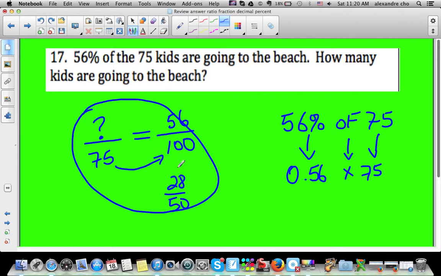Yes, you can find relationships, but sometimes it's simpler to do it the other way. 0.56 times 75, and a grand total of 42 kids are going to the beach.